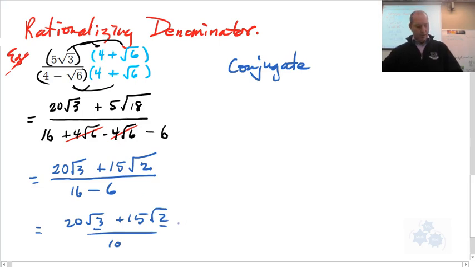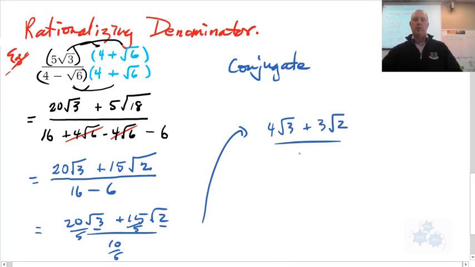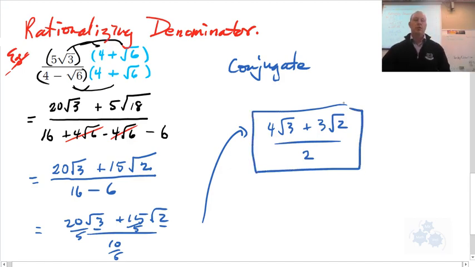So if we're going to simplify this, we could divide 5 out of all of these, right? So you could divide every term by 5. And that would reduce that. So that would be 4 root 3 plus 3 root 2 over 10 over 5 is 2. So that's your simplified version.